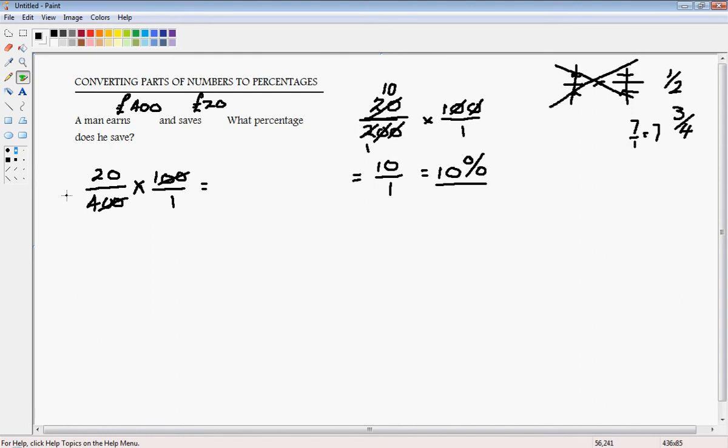Okay, I know 4 goes into 4, and I know 4 goes into 20. So 4's into 4 goes once, 4's into 20 goes 5. So now I multiply across. So 5 times 1 is 5, 1 times 1 is 1. So anything over 1 is itself, so that's 5%.